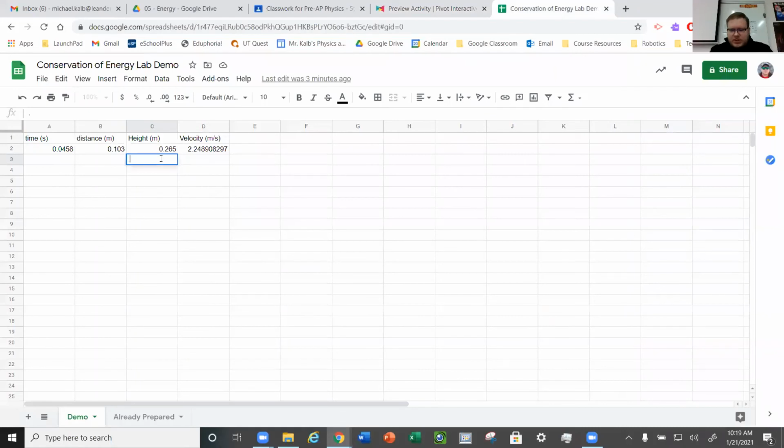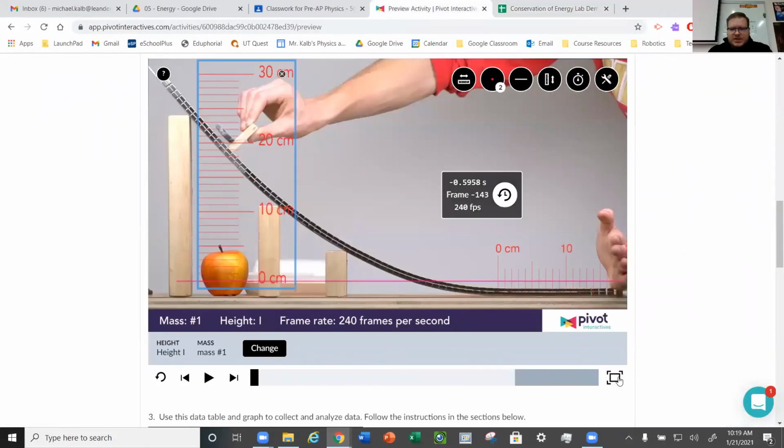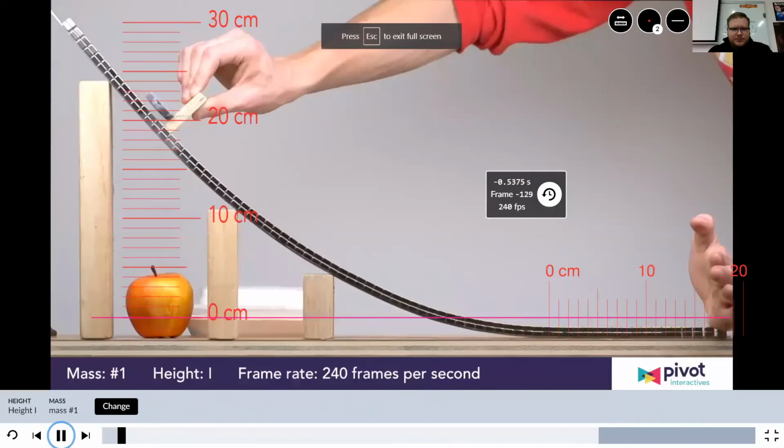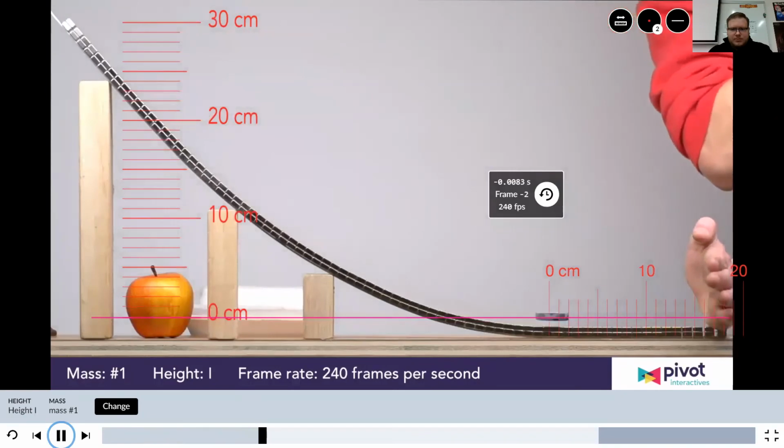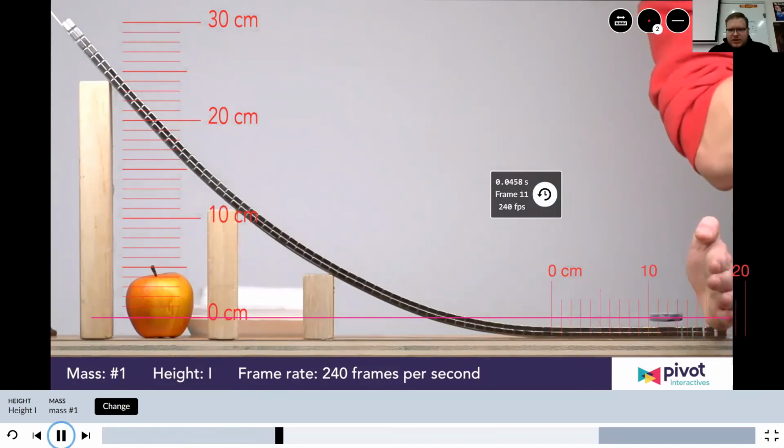So 0.215 meters. Now, to get my velocity, all right, looks like about there. That looks good. It's level. I'll shift that over to the back, zero the timer, play.